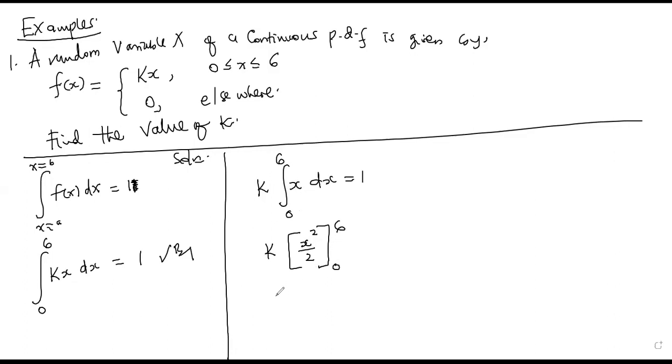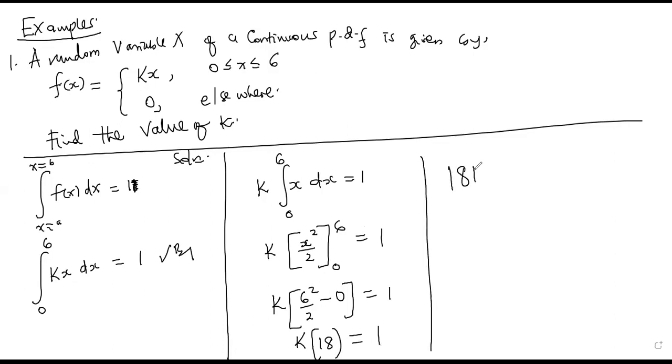So k, we first substitute the first limit, 6: 6 squared over 2 minus 0 is equal to 1. This is 36 over 2, which is 18, so 18k is equal to 1. Therefore, k is equal to 1 over 18.